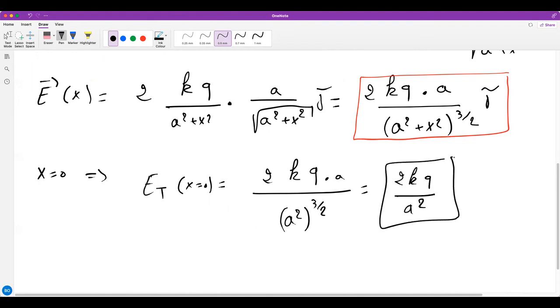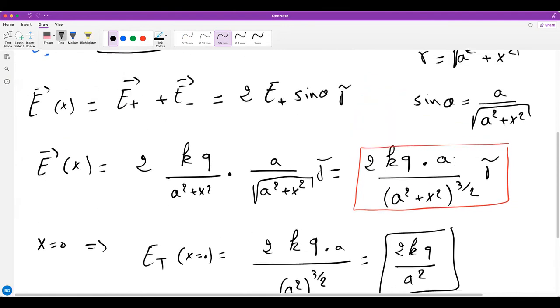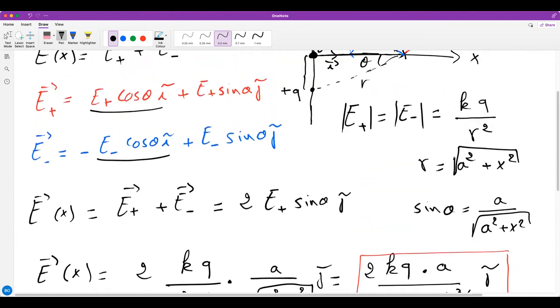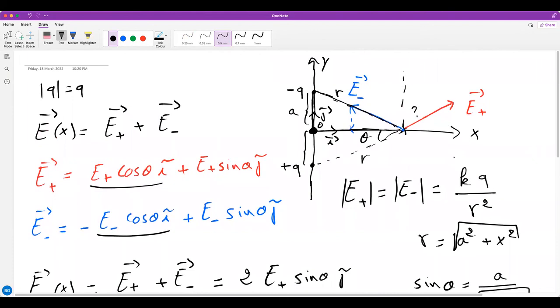So this is the electric field created by a dipole at any point along the x-axis, and in particular at the center, or in the middle halfway between the positive and negative charge.